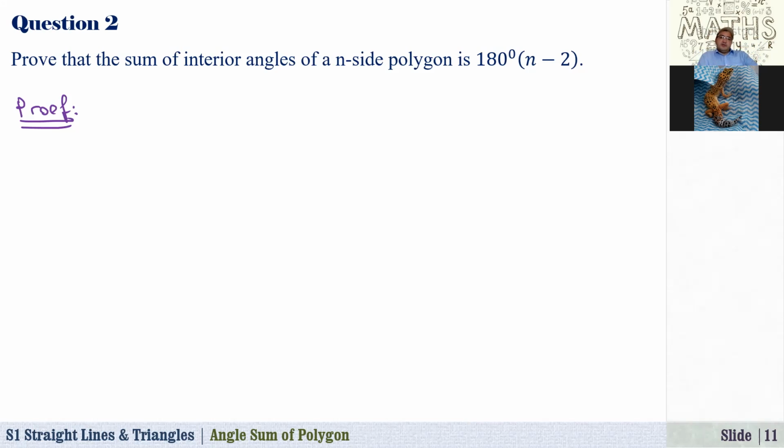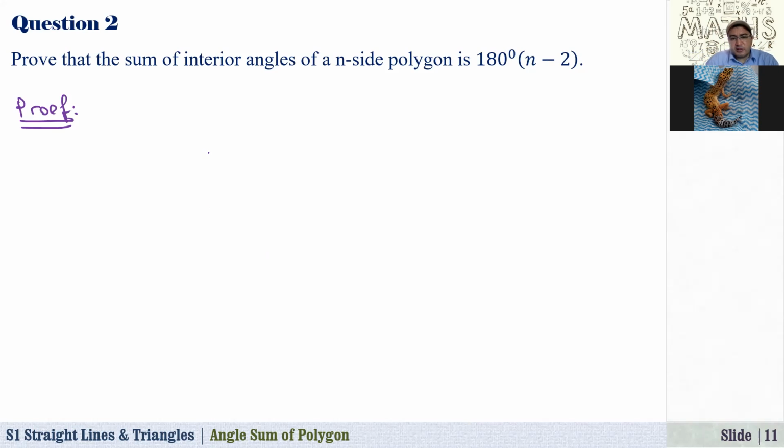We know that if you're given an n-sided polygon, we can draw n minus 3 diagonals. So n minus 3 diagonals means that we can form n minus 2 triangles.